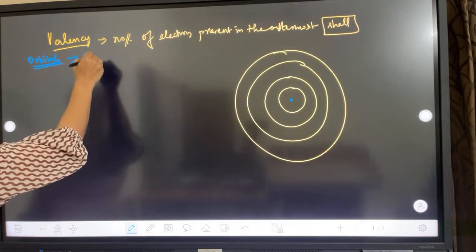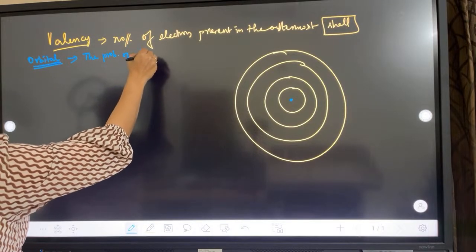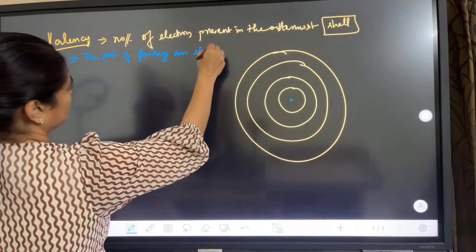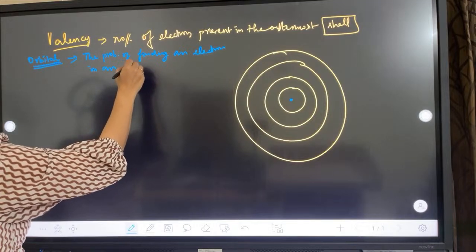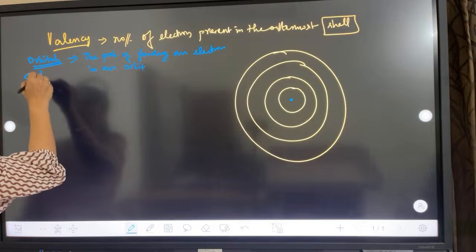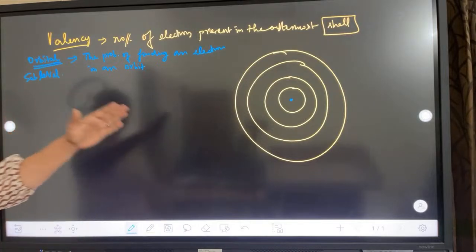Orbital is the probability of finding an electron in an orbit, or we can say it is a sublevel. I'll explain this with a diagram.